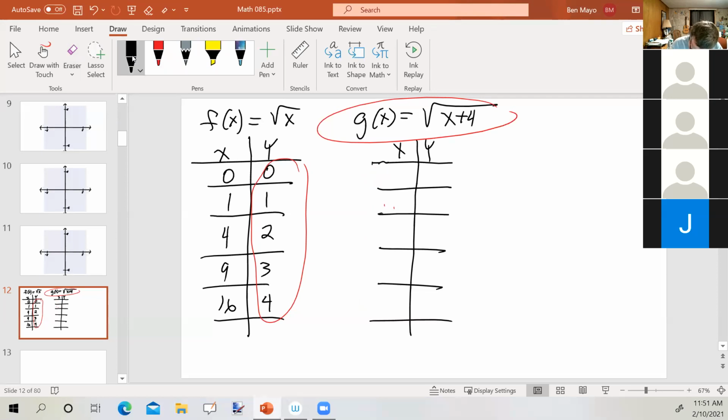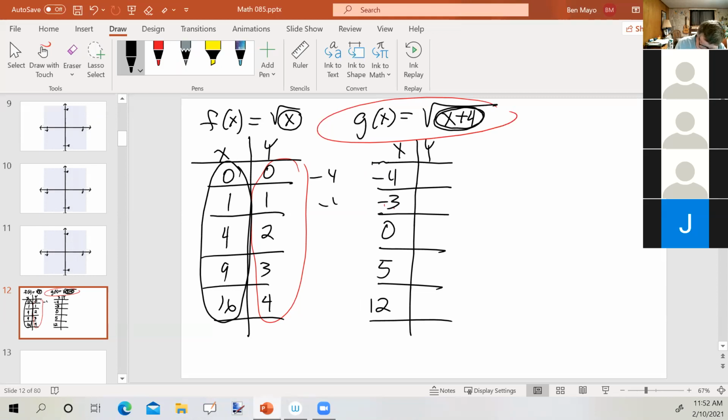Well, I would like for the radicand in here to take on the same values that this radicand did. Since over here we're adding 4 to x, if we take these x values and subtract 4, so 0 minus 4, 1 minus 4, 4 minus 4, 9 minus 4, 16 minus 4.